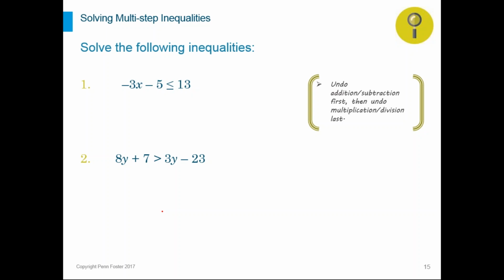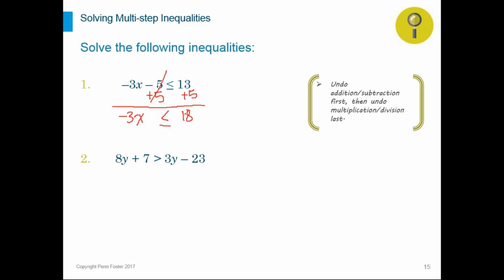So for that question, I need to get rid of the minus 5 by adding 5 to both sides first. This is the first step. Negative 3x, that's a 0, less than or equal. 13 plus 5 is 18.